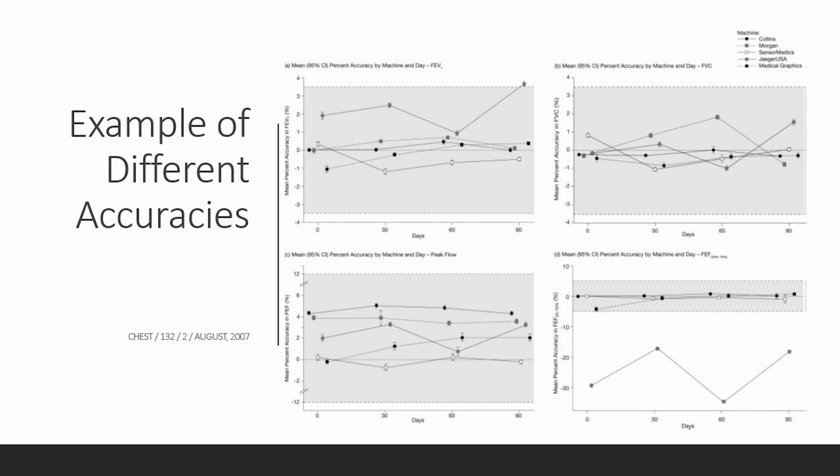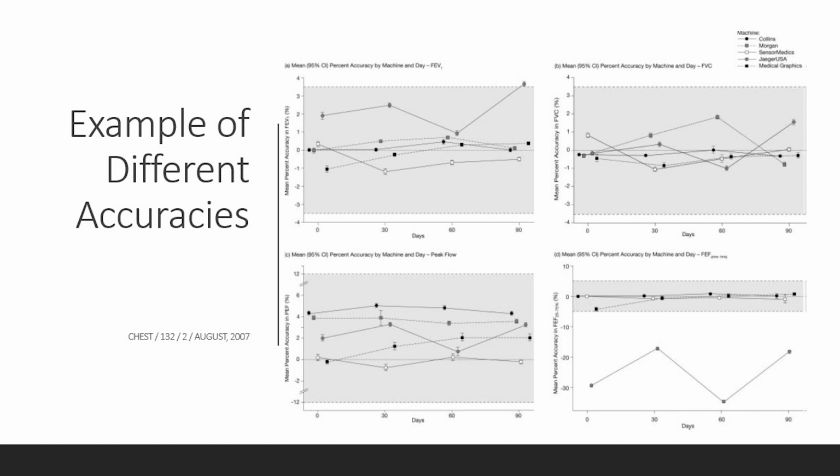So here's a little example of different accuracies that were measured in a series of devices in 2006 and 2007, published in 2007. And what we see is there are some very large differences in the relative accuracies of all sorts of measurements with a spirometer. So we can see as a percent deviation, we're up to 3-4%. Other devices are stable over time.